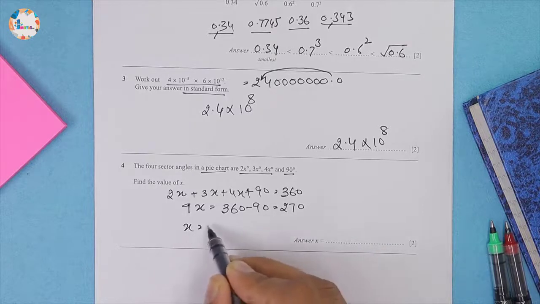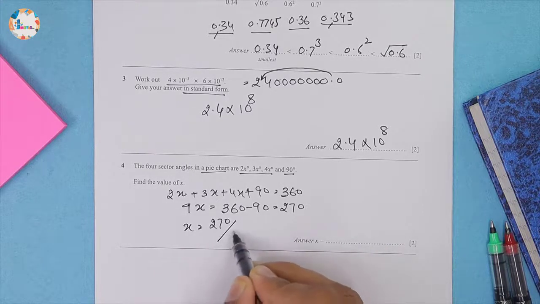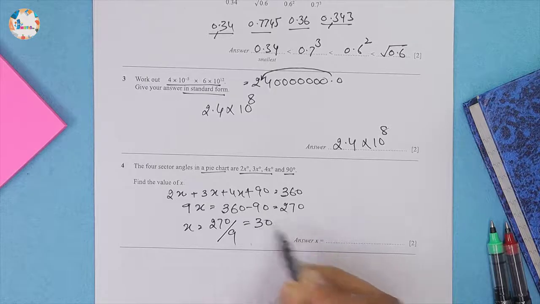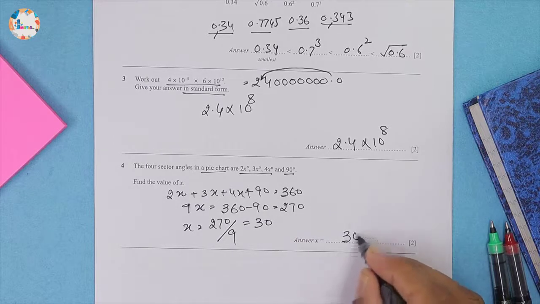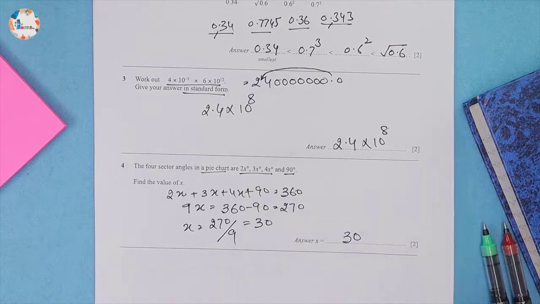So x is equal to 270 divided by 9, which is 30. So the value of x is 30. Hopefully you understood this question as well.